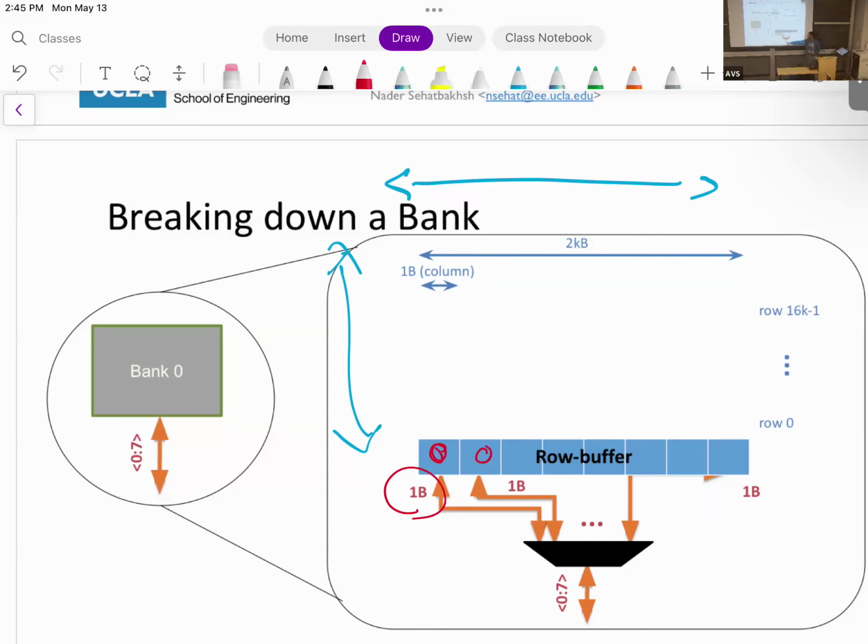That's why it gives you 8 bits outside. So within the row buffer, the block that you choose will give you 1 byte of data. We typically have many rows. The number of rows usually decides the size of your bank. For example, if one bank is supposed to be 1 megabyte, then you can do the math to find the number of rows.